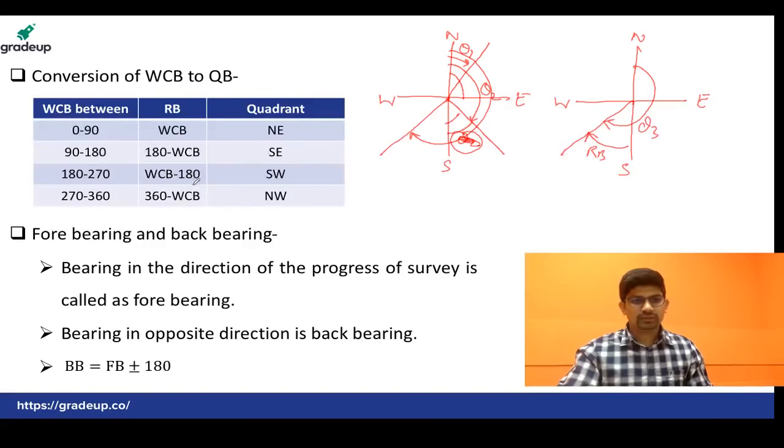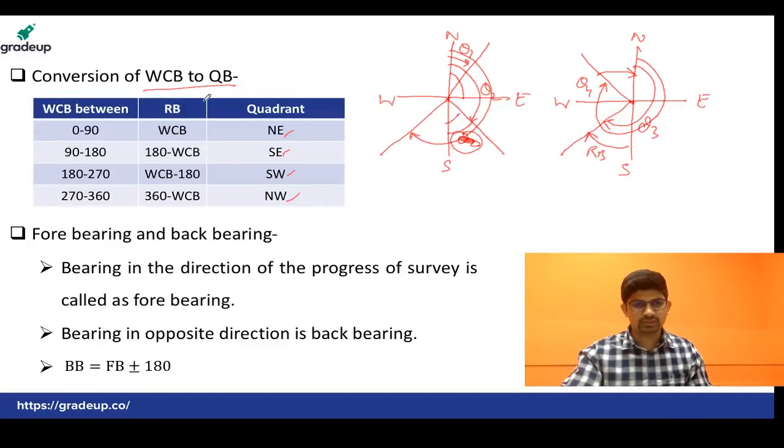Then for 270 to 360, if this angle is theta 4, the reduced bearing will be 360 minus WCB, and the quadrant will be northwest.